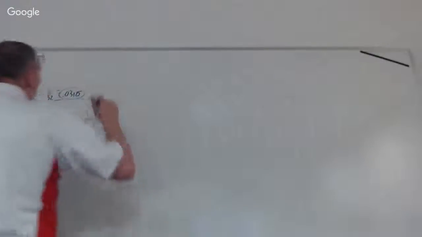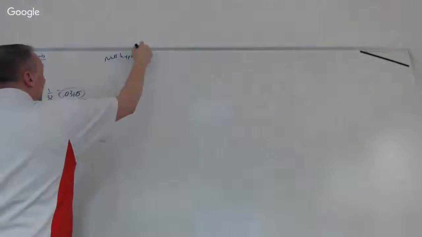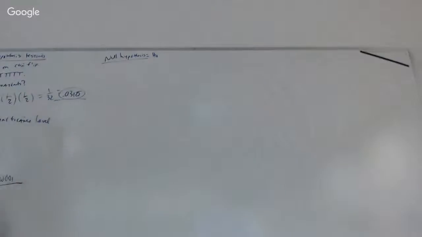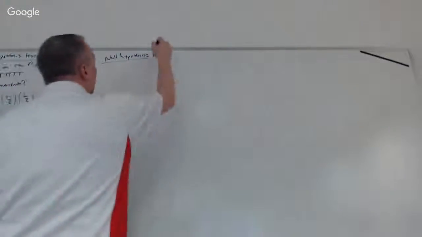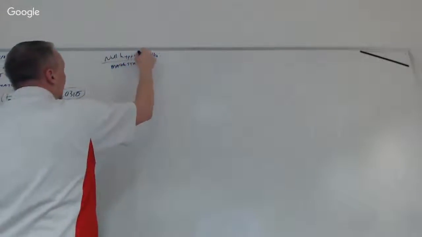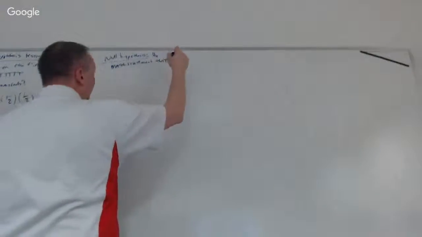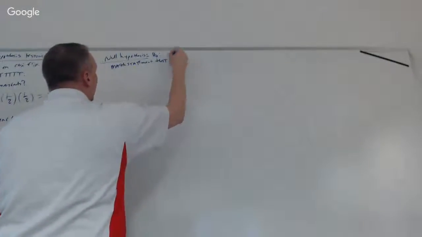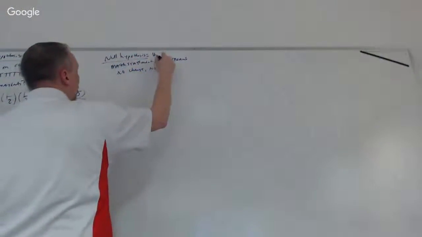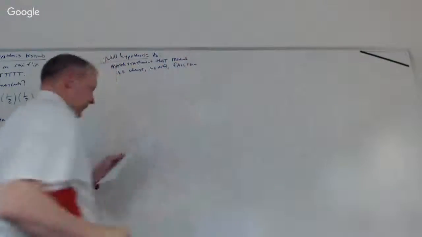so let's bring up some other terms. Your null hypothesis is typically represented as an H sub 0, okay? It is a math statement that means there is no change, no difference, or a fair coin, okay?